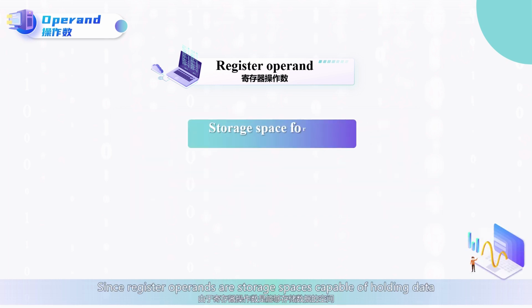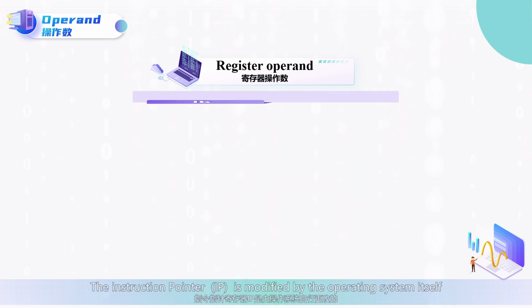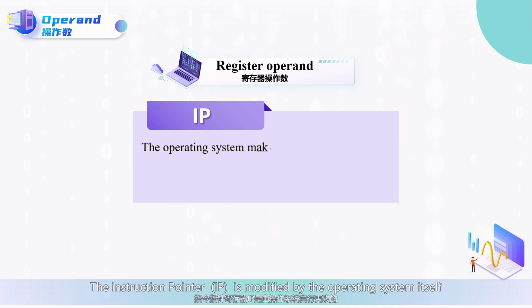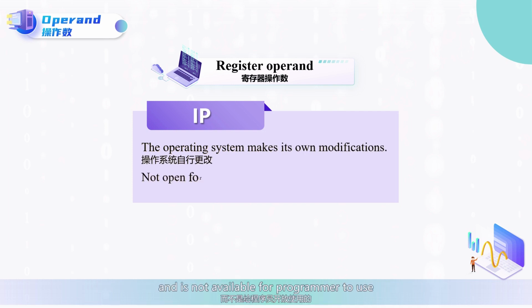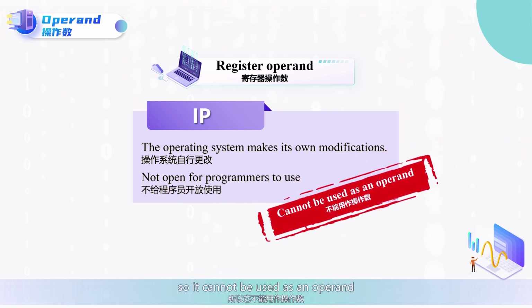Since register operands are storage spaces capable of holding data, they can be used as both source operands and destination operands. The instruction pointer, IP, is modified by the operating system itself and is not available for programmers to use, so it cannot be used as an operand.